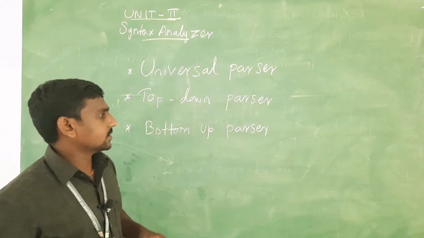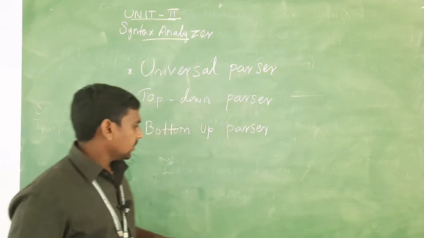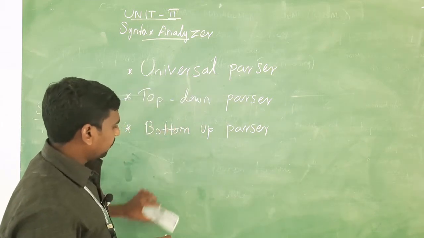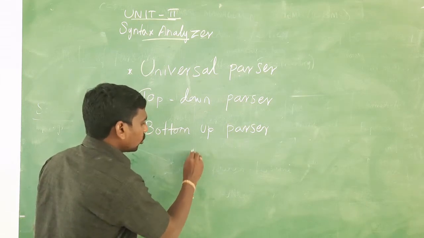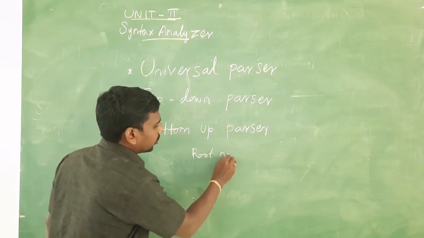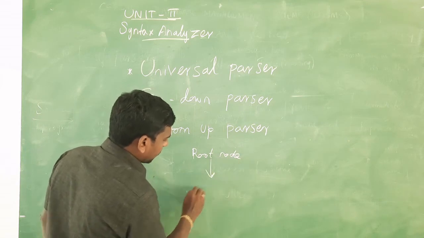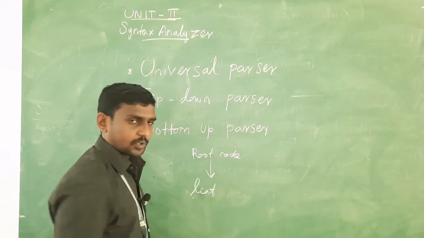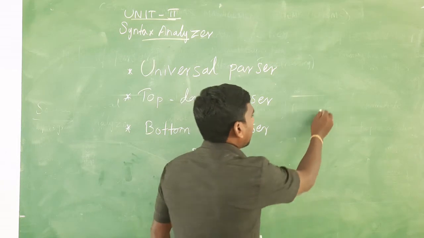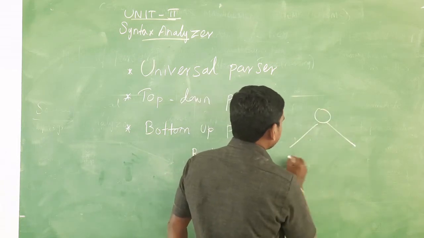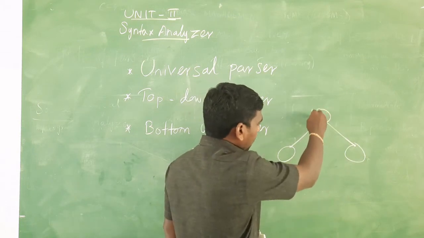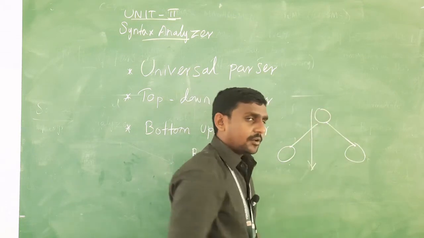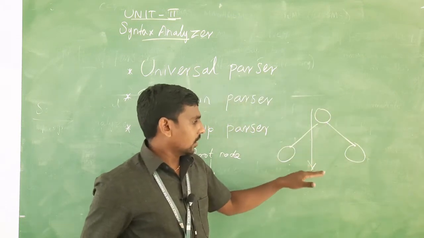Okay, top down parser. So what does top down parser mean? We will parse the input from top to bottom. That means from root node to leaf node. For example, if you have a tree structure like this, we will parse the tree from top to bottom, that means from root node to leaf node.